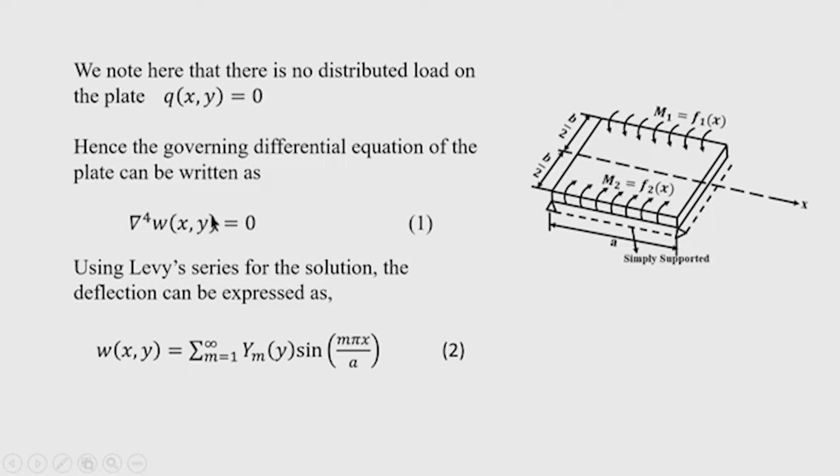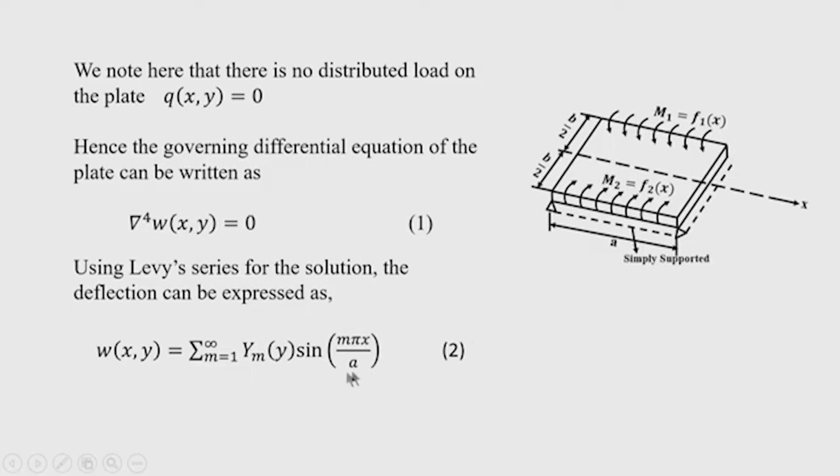Now, since we are adopting the Levy's condition, we will be using a single sine series as expressed by w equal to Y_m into sin(m pi x by a), where the capital Y is a function of y that remains unknown, and sin(m pi x by a) is the condition that is taken to satisfy the boundary condition at x equal to 0 and x equal to a, because at x equal to 0 and x equal to a the boundary condition is simply supported.